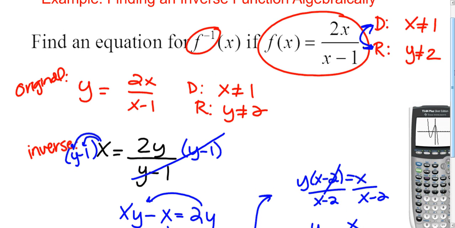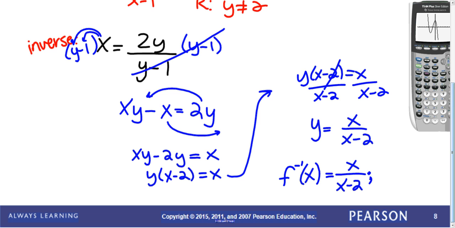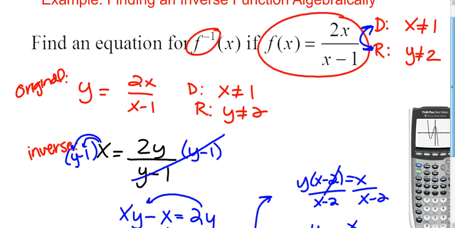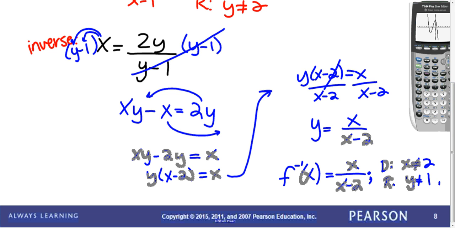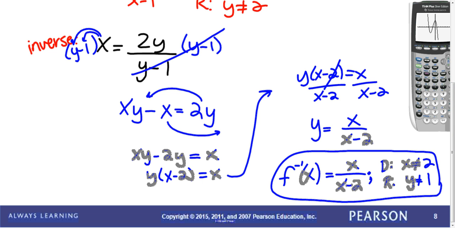So what was your range becomes your domain, and what was your domain becomes your range. Okay? So in this case, my domain would be that x can't be 2, and my range would be that y can't be 1. Okay? And you're going to be asked for that, and so we have to kind of think about that.